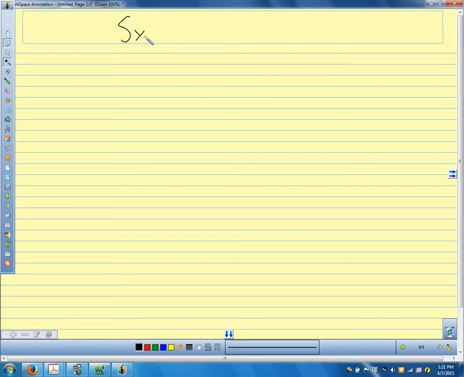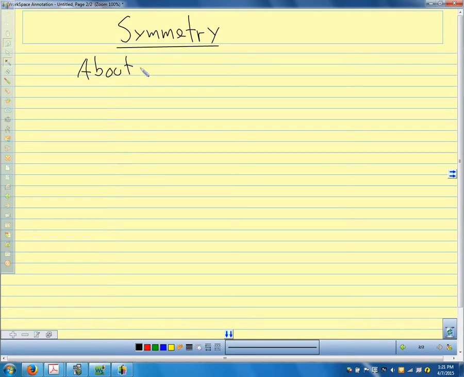Symmetry. I'm going to say symmetry about various axes. Just like we talked about symmetry about the x-axis, the y-axis, and the origin, we'll do the same thing with polar graphs.